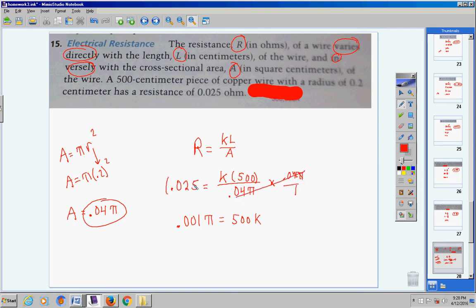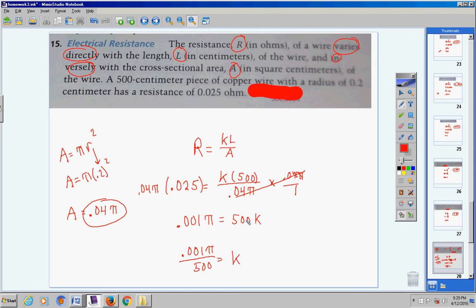Multiply this side by 0.04 pi, and we take 0.04 times 0.025, and we get this right here. Now, to get K by itself, we're going to divide both sides by 500, so we have 0.001 pi divided by 500 equals K.